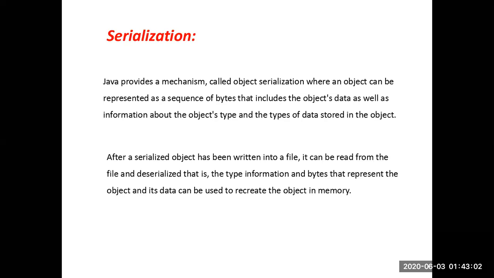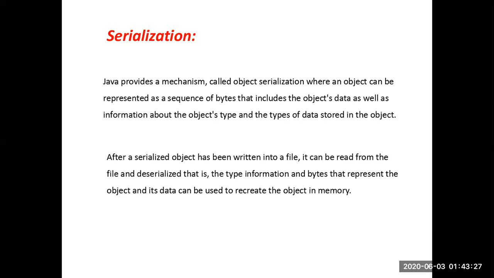After the object is serialized, we can store that serialized object in some file or some database, or we can send it to some other location in the network. Clear? And at the other side, whoever wants to use that object will simply deserialize it.